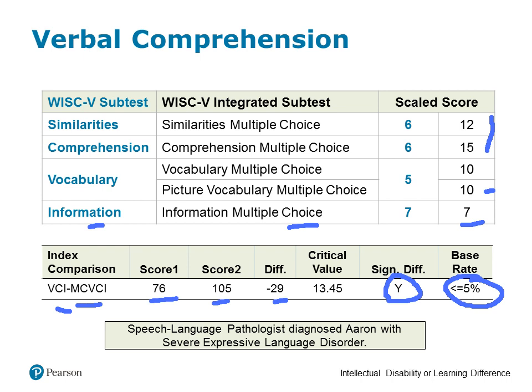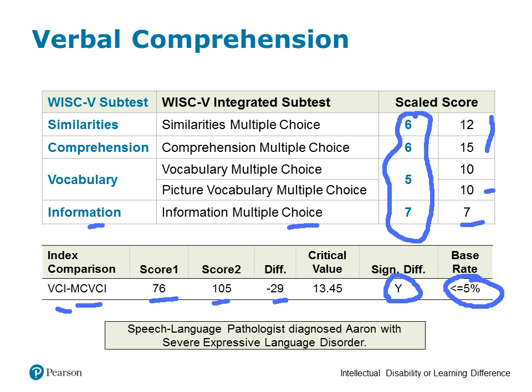But these scores here will help us to understand the child's needs in the classroom because they help us to understand why Aaron earned these relatively lower scores on the WISC-V.